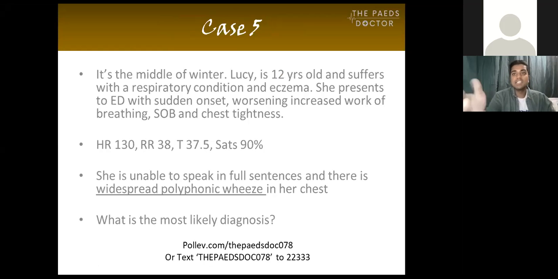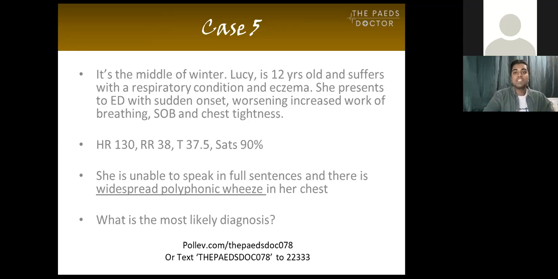So Lucy suffers from a respiratory condition. We're thinking asthma. As someone was mentioning, the atopic triad, which is asthma, eczema, and hay fever. They're atopy causing conditions. So whenever someone has one of those conditions, you should ask about the other two, which is hay fever, asthma, or eczema.